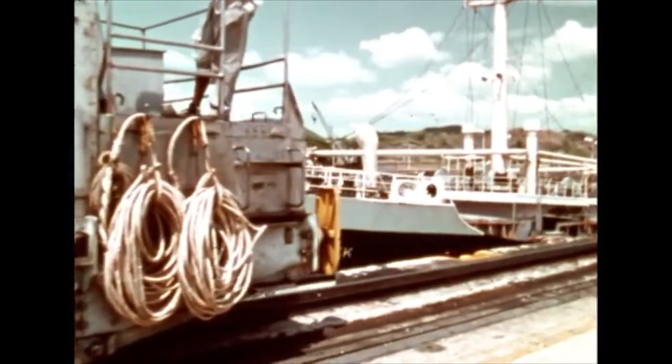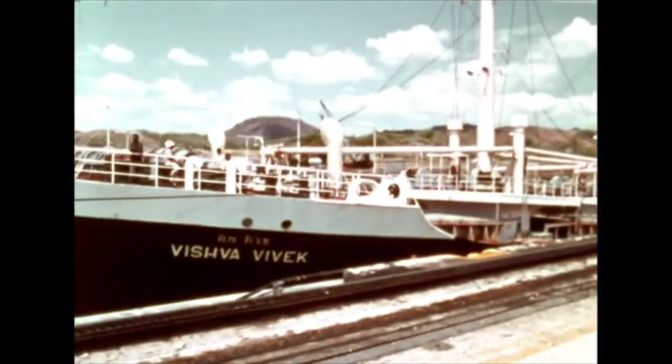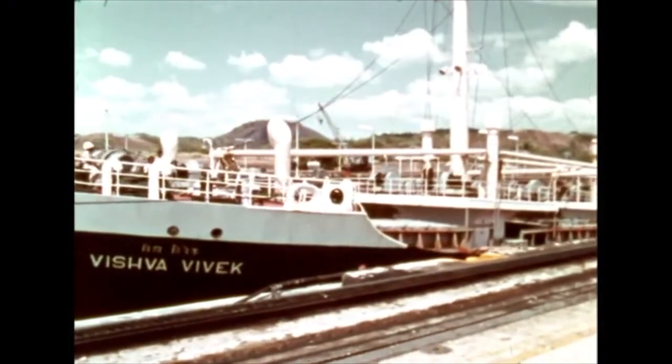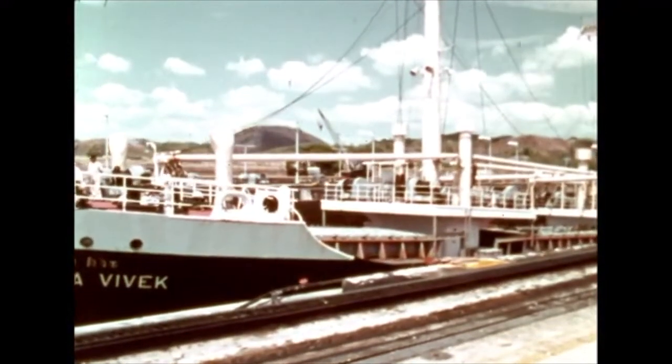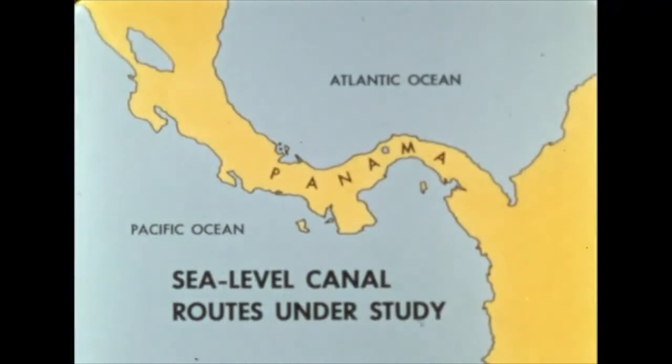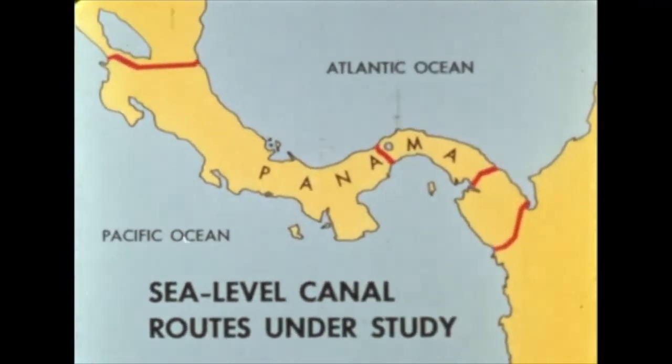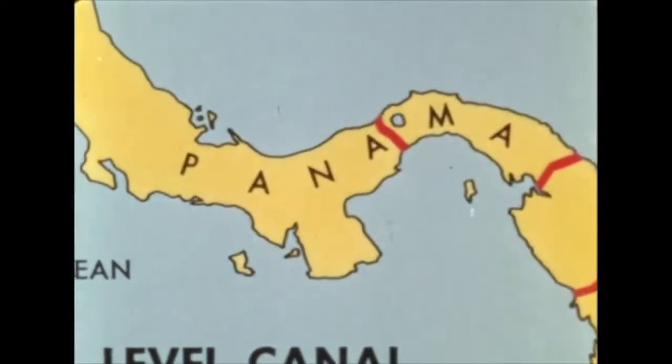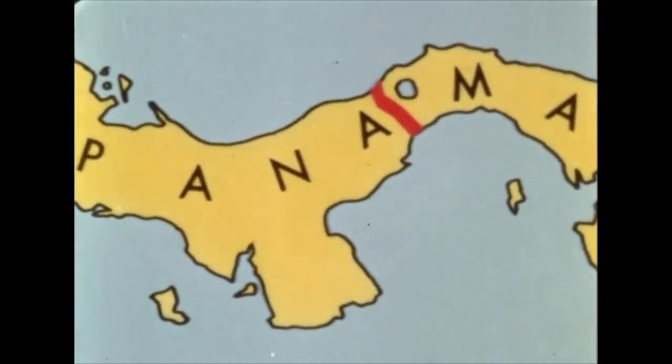Each lock delays the movement of ships through the canal. So, for many years, engineers have been studying the feasibility of a sea-level canal that would have no locks. Such a canal would connect the waters of the two oceans, and that raises some interesting questions.